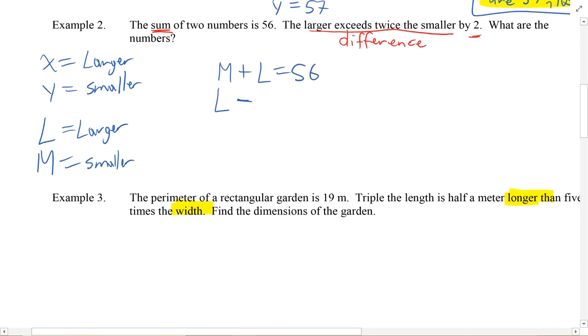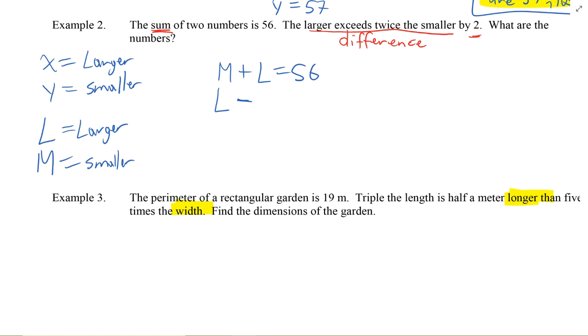Okay. So M plus L equals, okay, so L minus what? How would you write twice the smaller? Some people are thinking, I see in your eyes. What do you think, Alex? Yes, you do. Trevor, what do you think?